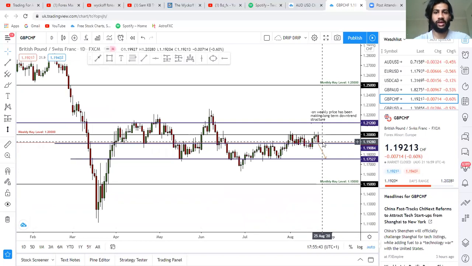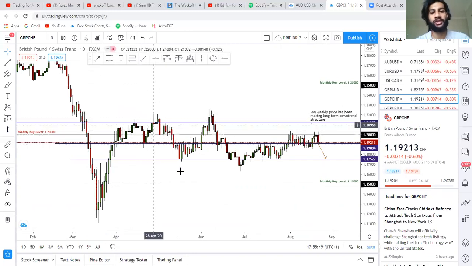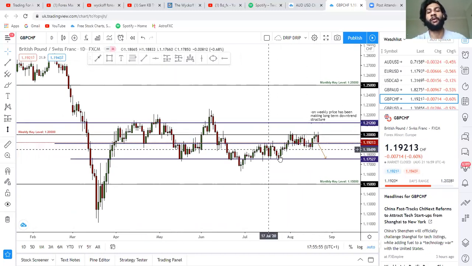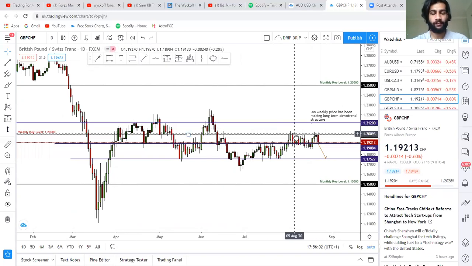GBPCHF, I'm looking for shorts on this one because on the weekly it's in a downtrend. Over here as well, when it's made the retracement, it's kind of just consolidating along this level for a very, very long time, right? A couple of months now. And even within that, it's making its own ranges, most recently as well over here.